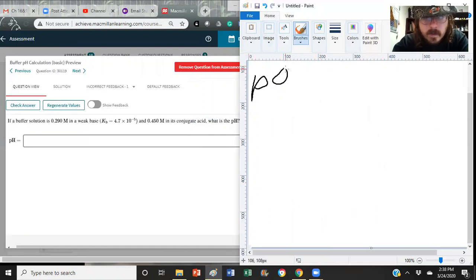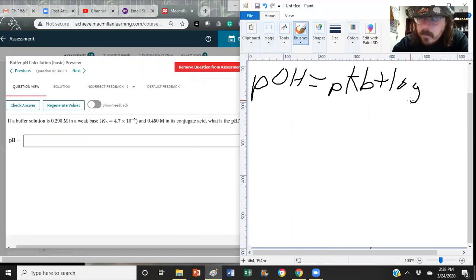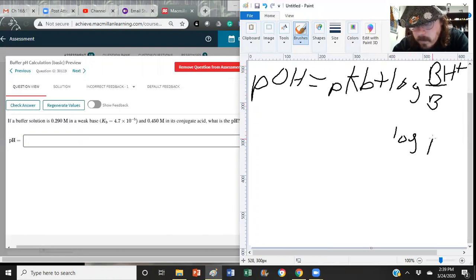So flipping around for the basic condition just basically gets us pOH equals pKb plus log of conjugate acid on top, base on bottom, or otherwise known as log of HA over A minus.